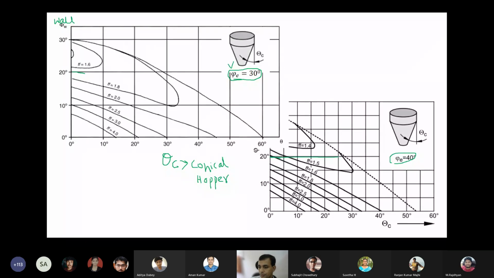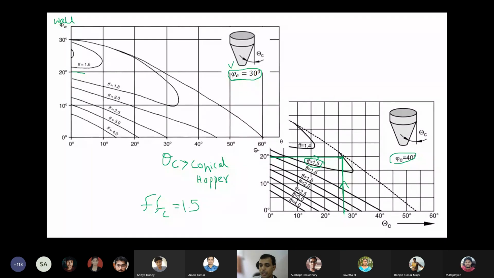So this is 20, and at that time we got a value around, say, minus 3. This is theta c; we extend here, and this is the wall friction phi w, and it fits on this line. So the ff value equals 1.5. The flowability factor FFC is 1.5.